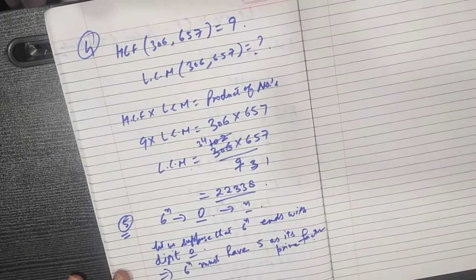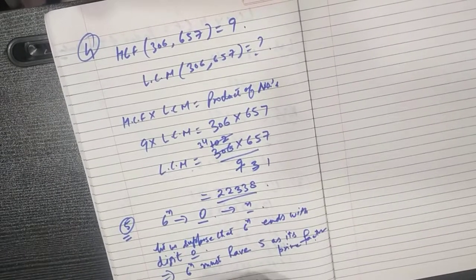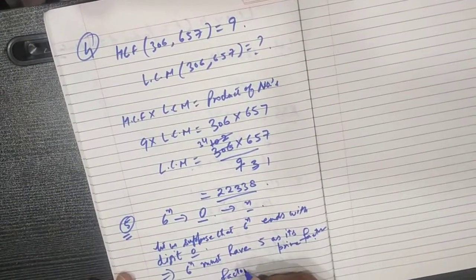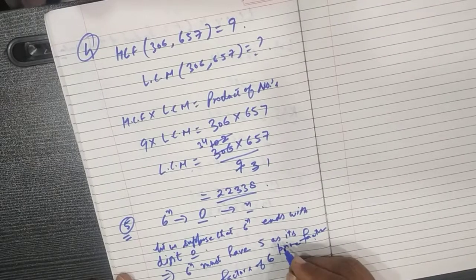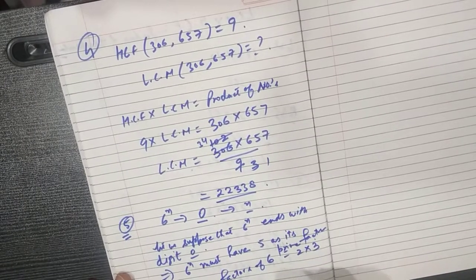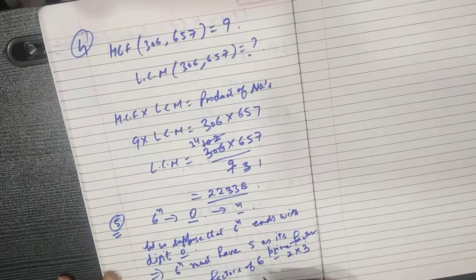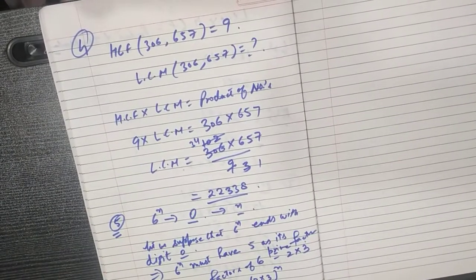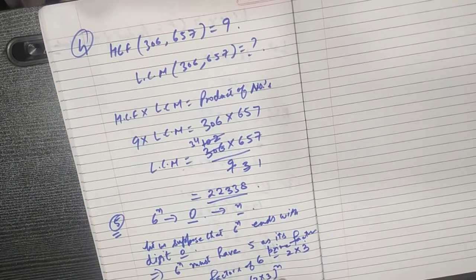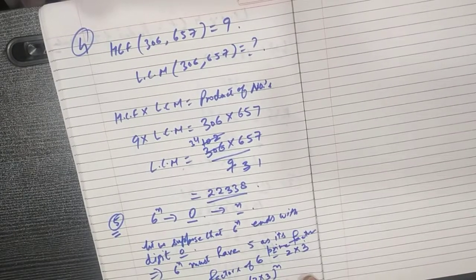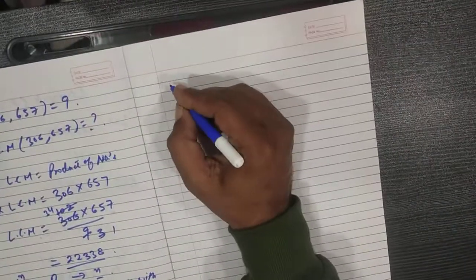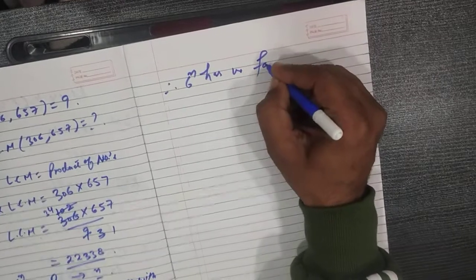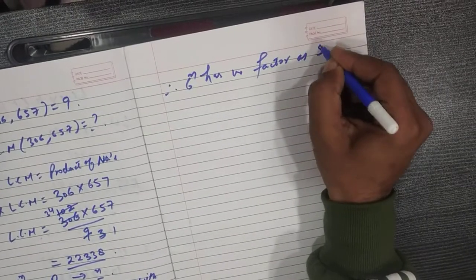But you know that prime factors of 6 are 2 multiply 3. Similarly, prime factors of 6 power n will be 2 multiply 3 power n. That means 6 power n has 2 and 3 as prime factors, not other than 2 and 3. So we can say that 6 power n has no factor as 5.